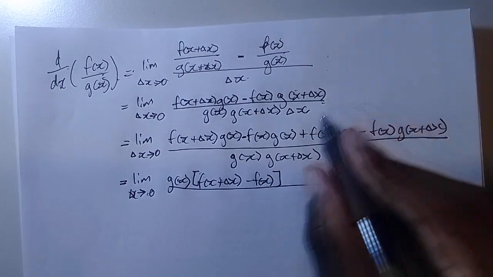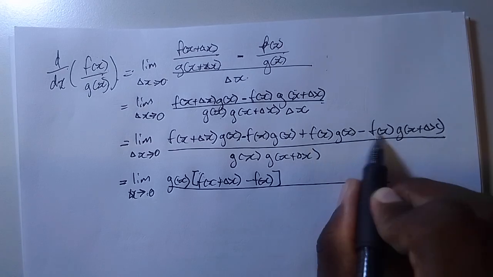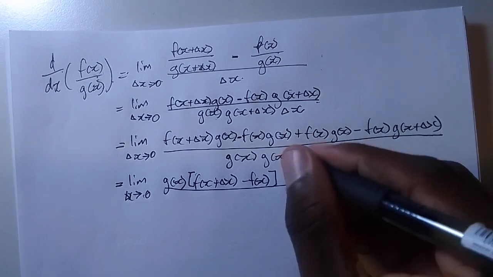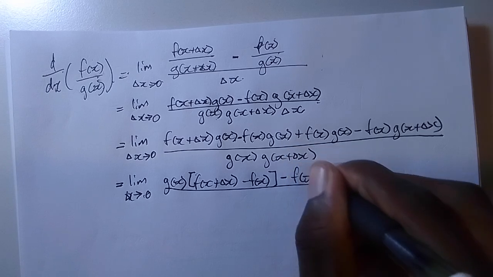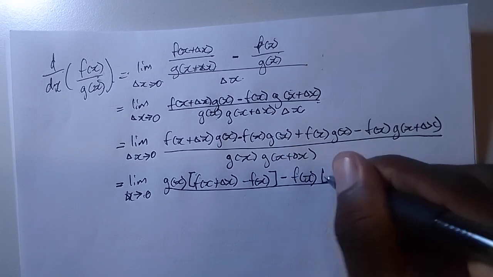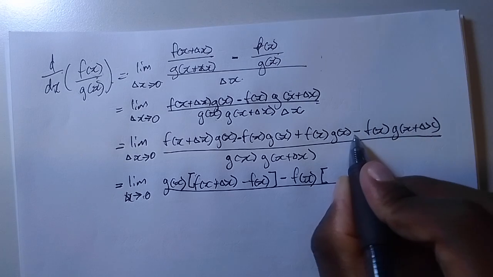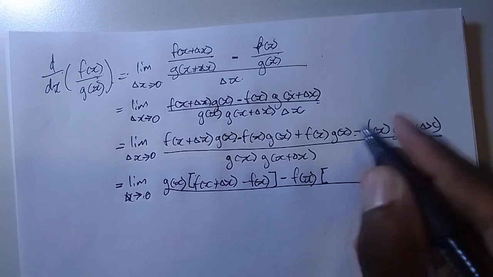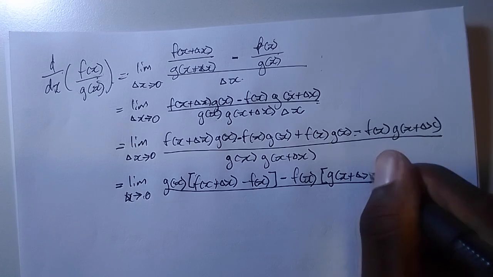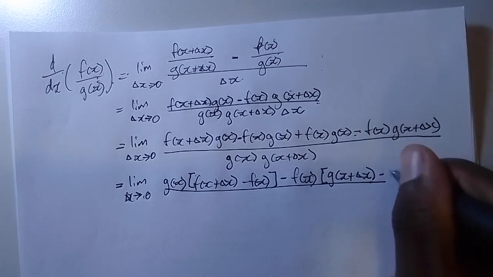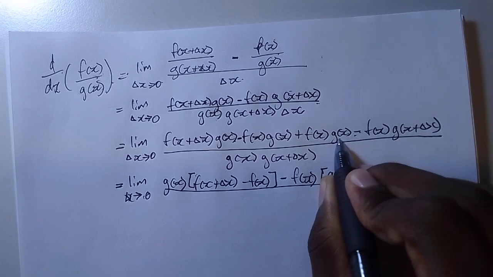And then here, we'll take out a slightly different common factor. Well, it is f(x), but we'll take it out as a negative this time. Negative f(x). And you'll see just now why we are taking it out as a negative. We want this term, since it was negative, to be the positive one, to be the first one, g(x + delta x). And we want g(x) to be the second one, and we want it to be negative, the remainder for this one.